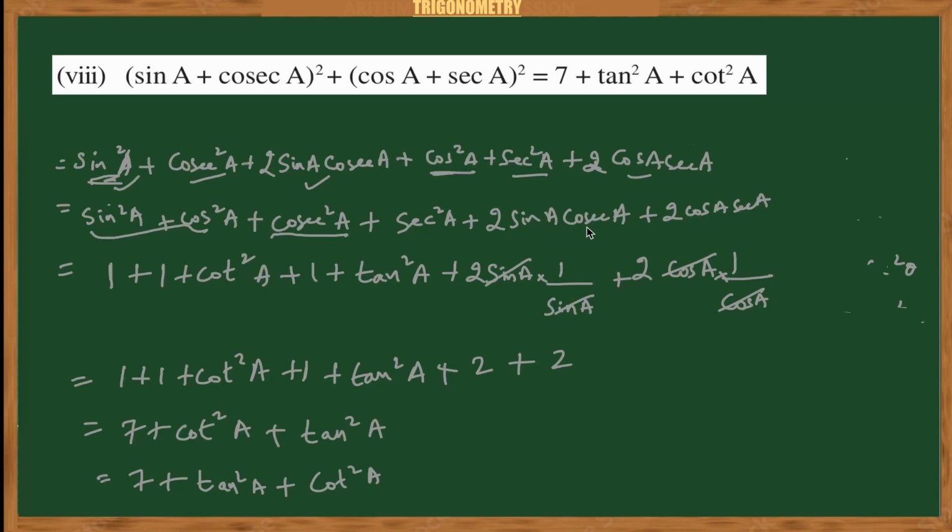So we took this identity: sin a and cosec we converted into 1 by sin a, so that gets cancelled. Same thing we did with cos and secant. Simplifying this, we got the values, and further adding this, we reached the RHS. Hence this is proved. Hope this question is clear, students. Let's move to the next question.